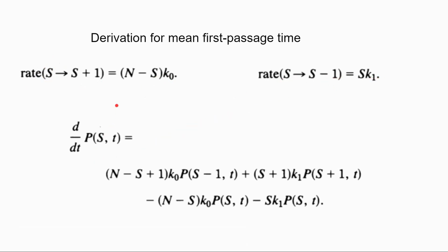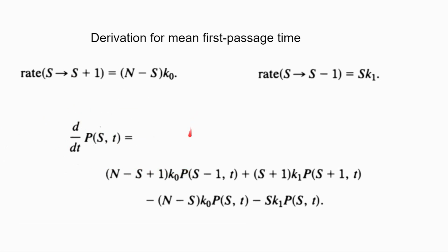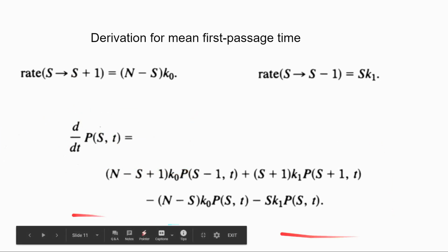So let's define another term here, that is P(s, t), which is the probability that at time t the protein would have s incorrect bonds. So the rate of change of that P(s, t) is our master equation that governs the time.